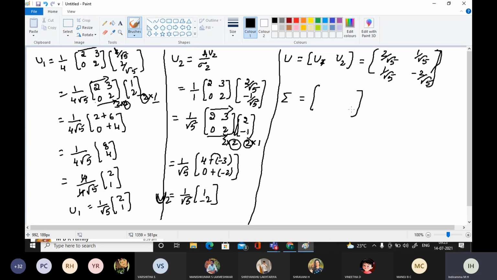Sigma is a diagonal matrix. What are the diagonal elements? The singular values sigma 1 and sigma 2. Okay. Is it clear?